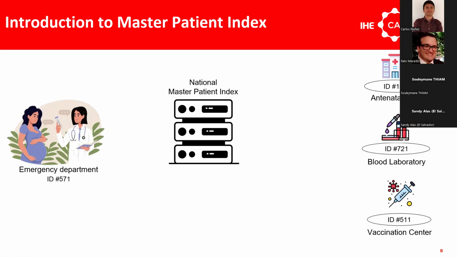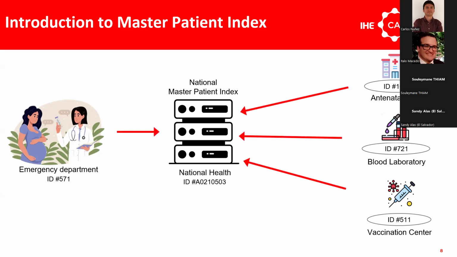It can be an MHD transaction, for example, to retrieve the document, or to retrieve the patient summary document, or to retrieve the blood results analysis document. So globally, the MPI is in the center of all of these systems, and it will allow them to share their identifier for the same patient.